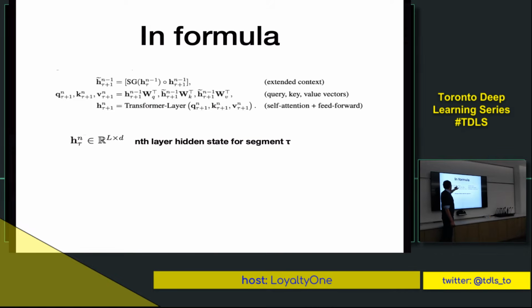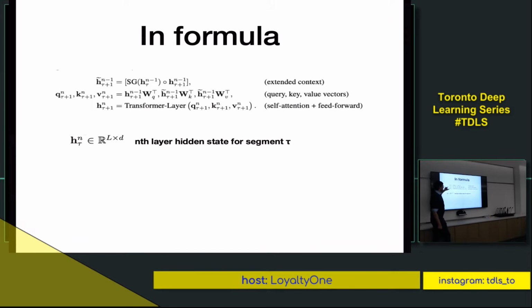So we have the previous segment, the hidden state from it, and they do a stop gradient. Stop gradient just means we don't do any backpropagation beyond these things. We don't care about these anymore. And then we have the n-1 from the current segment from the previous layer. And then they just do the attention.